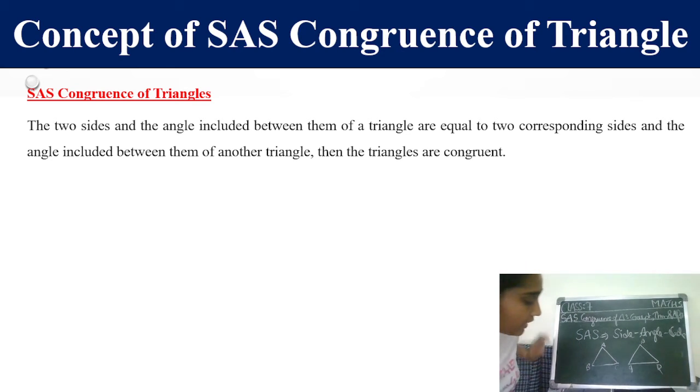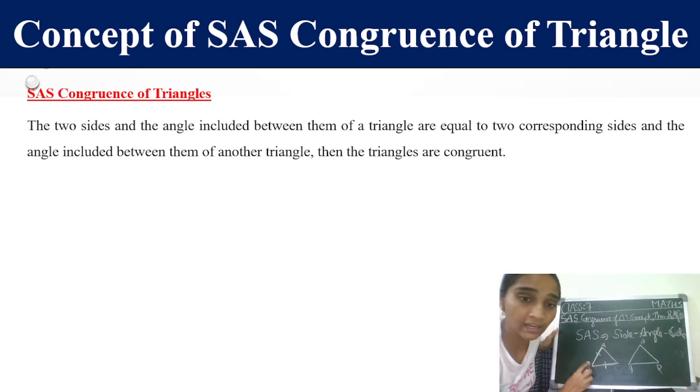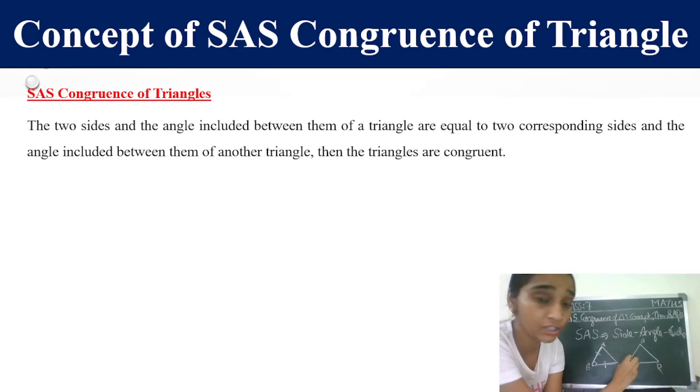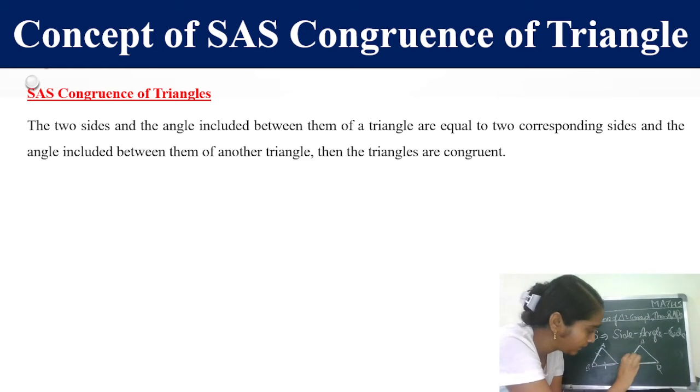So if I consider this side AB and this side BC, the angle between AB and BC is, yes, angle B, which is the included angle. It must be in between the two sides. So if this is equal to the other triangle PQR, the sides PQ, QR, and the angle included between them.